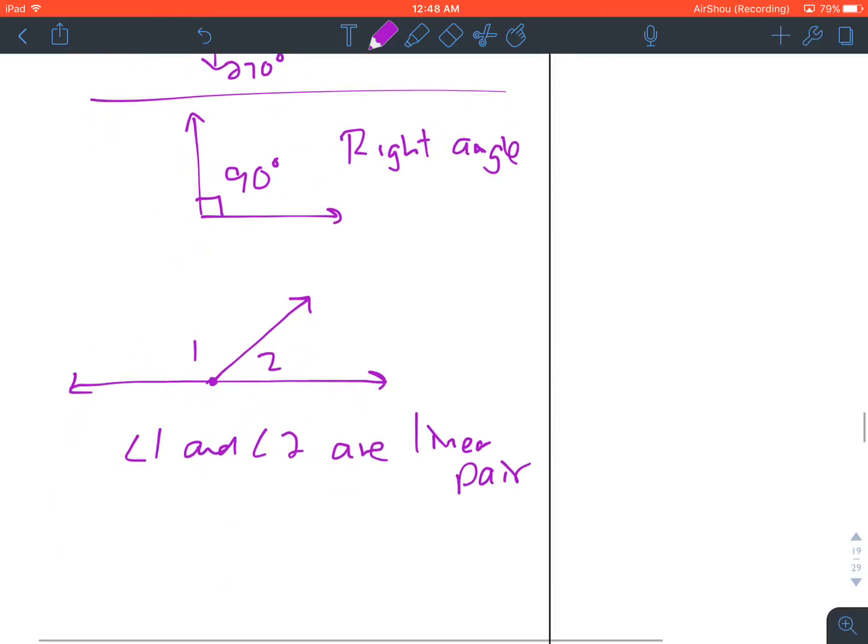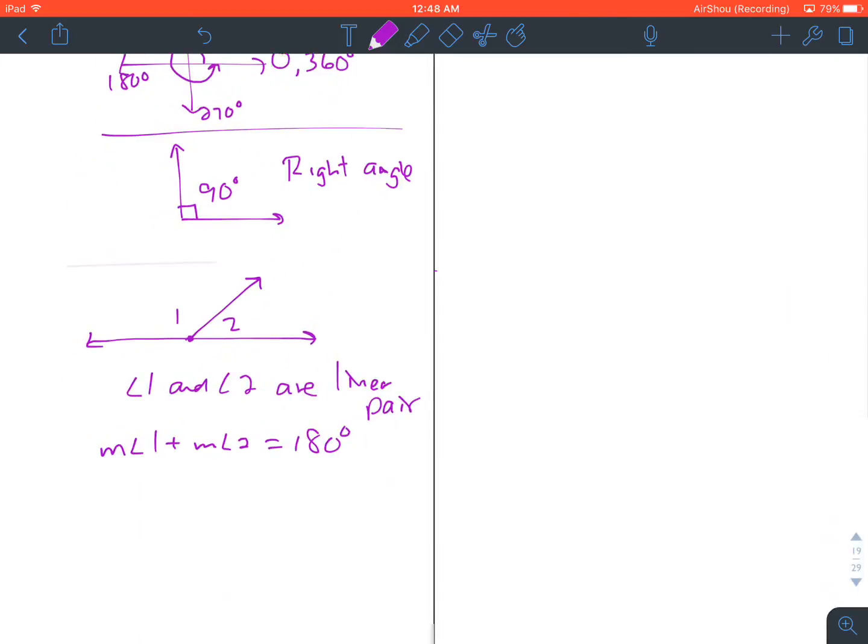Why does that matter? It matters because a linear pair is always supplementary. If you add the measures of a linear pair, it always equals 180 degrees. It's going to come up in some of the problems. Let's see, what else do we have? Some more facts.